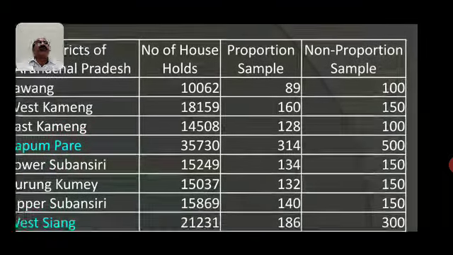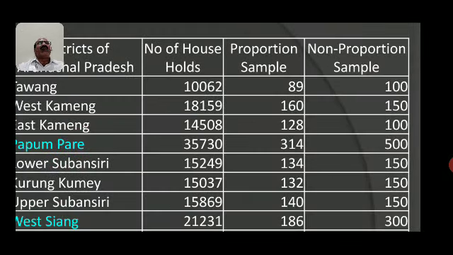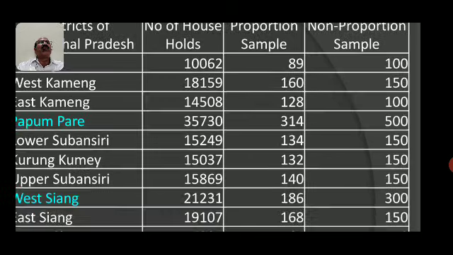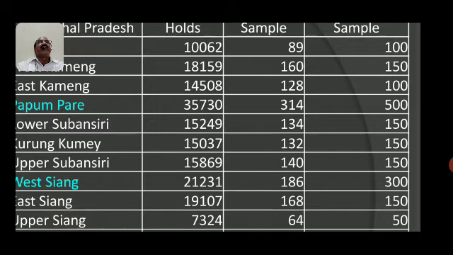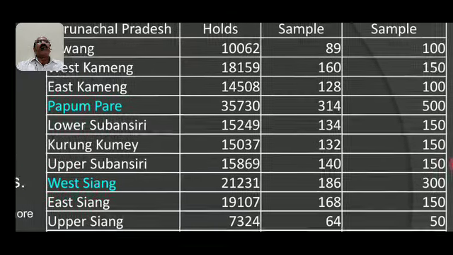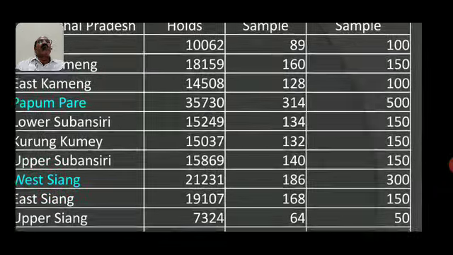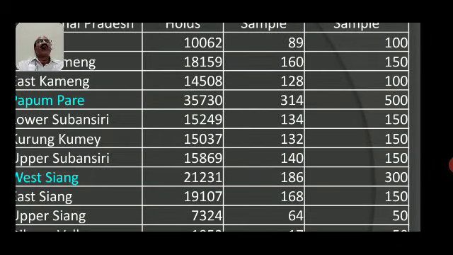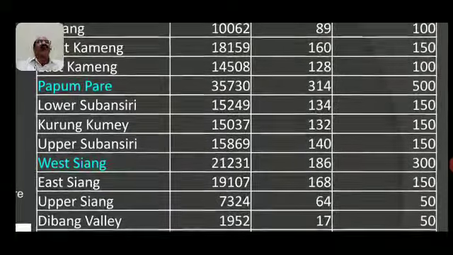But if you see the non-proportionate, I will round off 89 to 100, 160 to 150, 120 to 100, likewise. Then I am thinking Papumpare and West Siang have urban areas, so I should go for a little more because their characteristics may be a little different. So I'll go for 500 for Papumpare district. Then for West Siang I will go for 300.